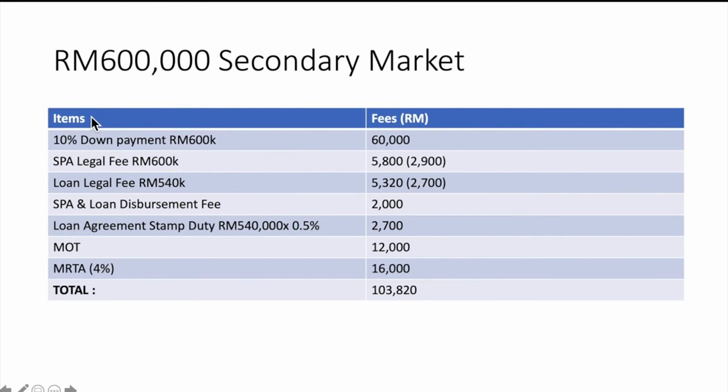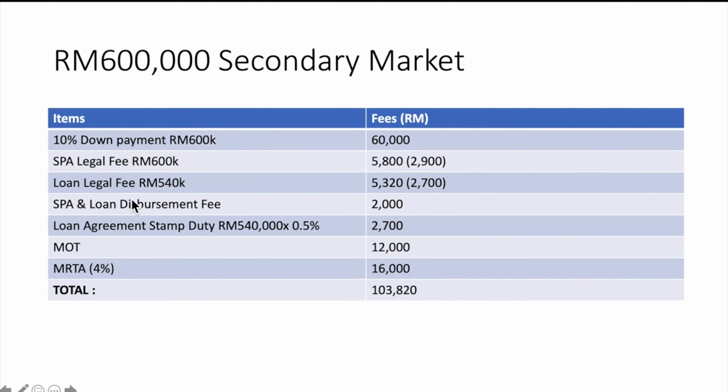The items that you need to pay are a 10% down payment on a 600,000 property, so the cost is 60,000. For the SPA legal fees, you get a 50% discount on the legal fees, so you need to pay 2,009. On the loan legal fee for 540,000, you get a 50% discounted legal fee as well, so it's 2,007.